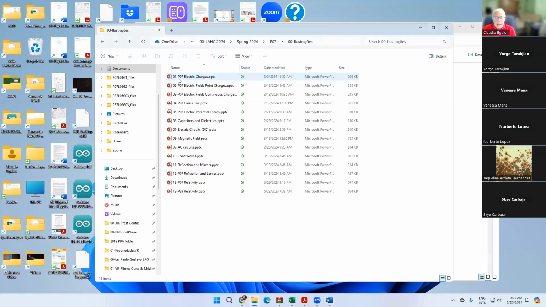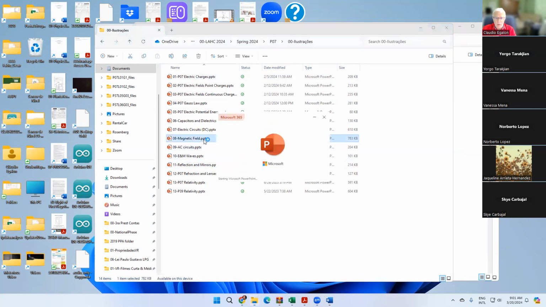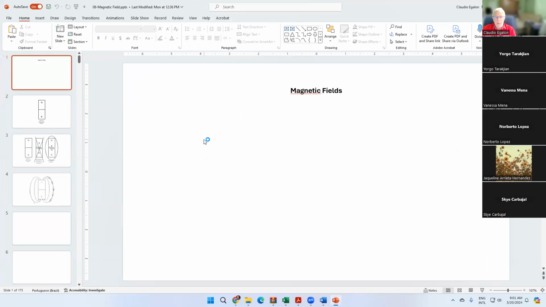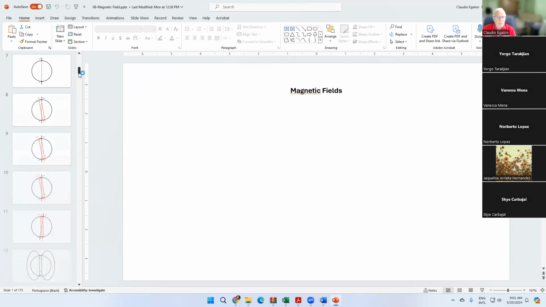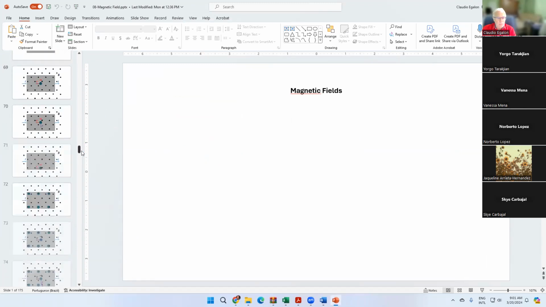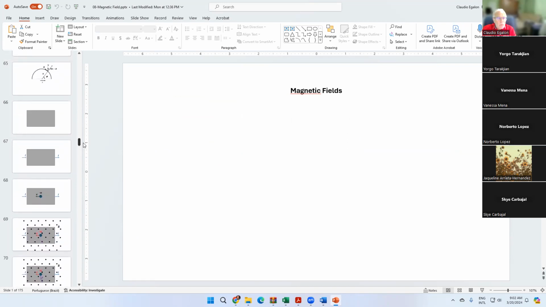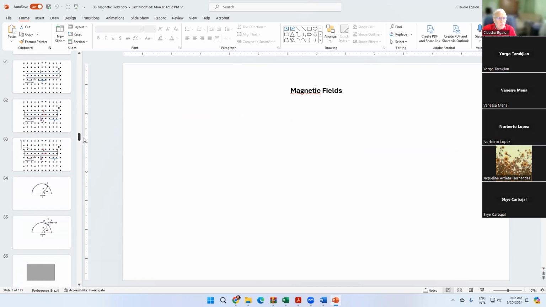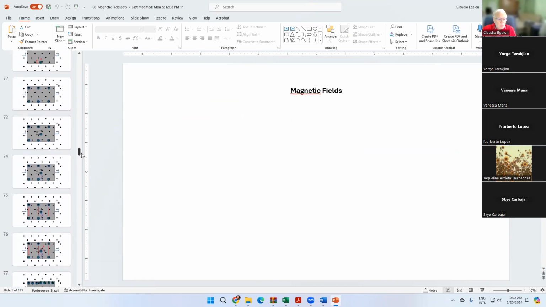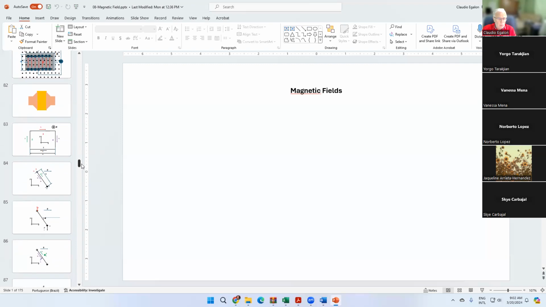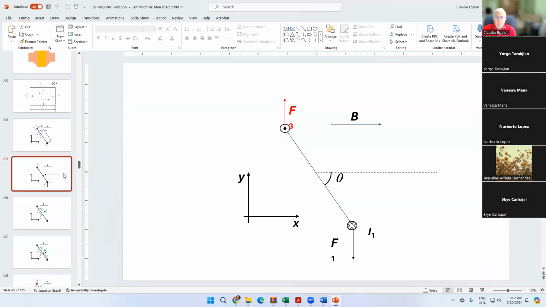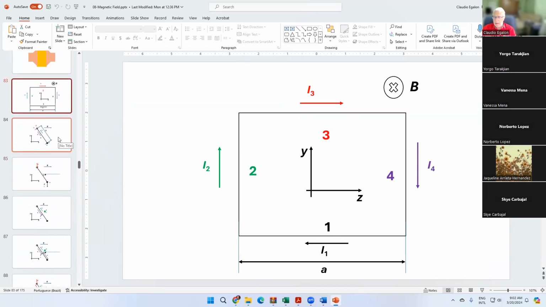Now let's get the magnetic fields here. Okay, so here is my loop.